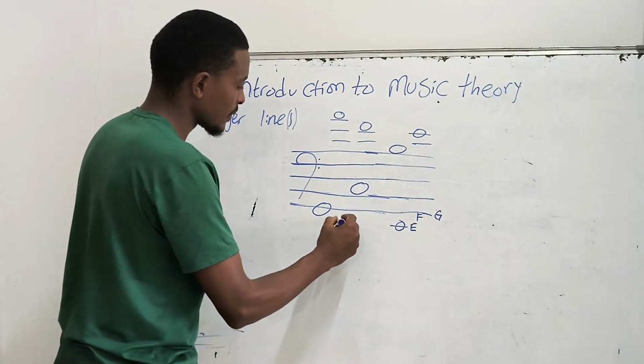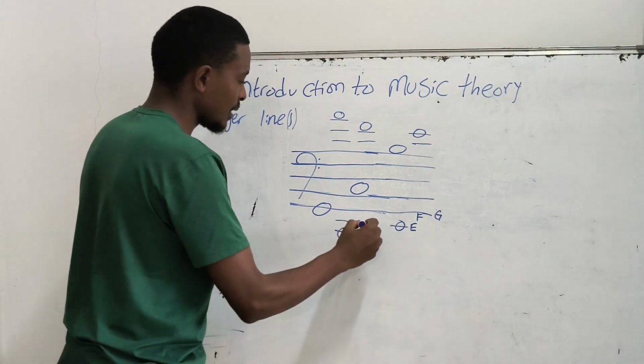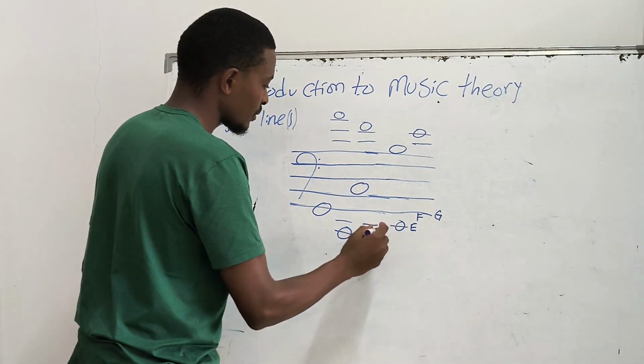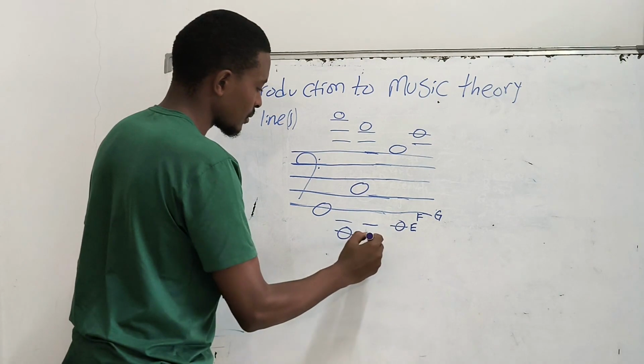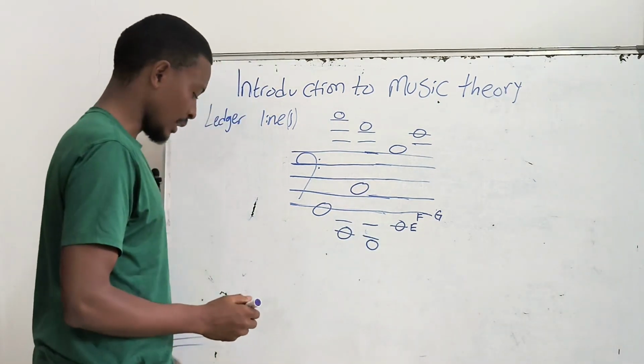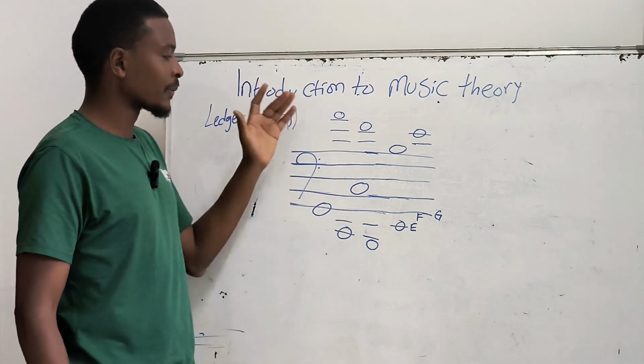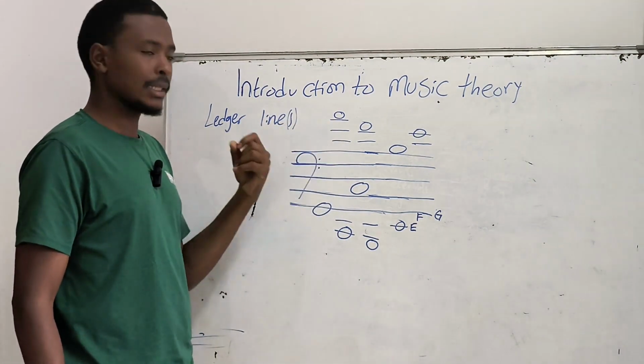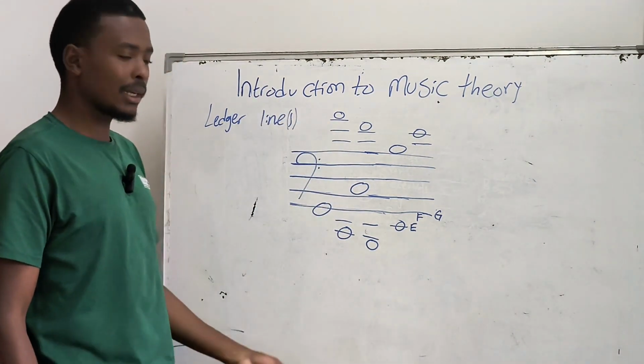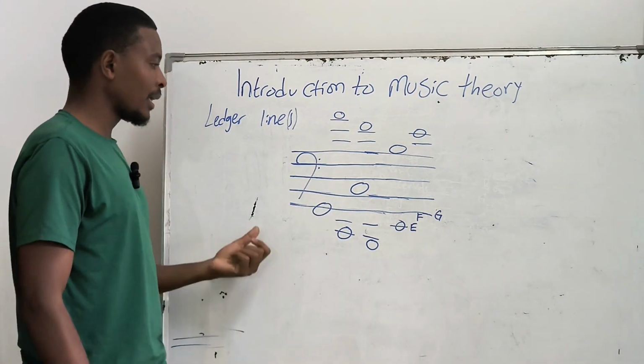If it is below here, you can have them like that, or like that. Remember that every note below or above the staff should have its own ledger line.